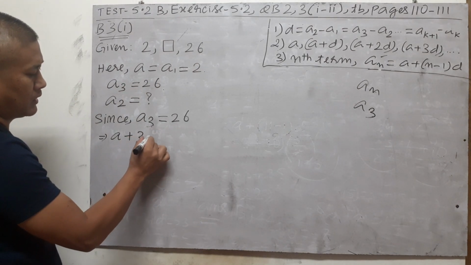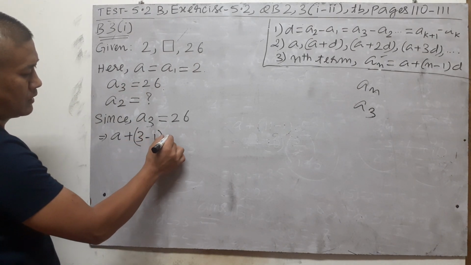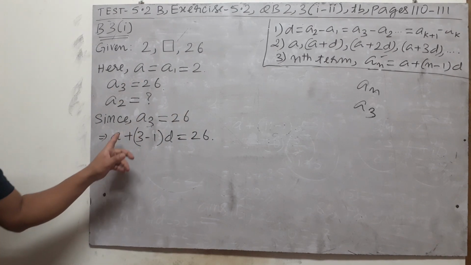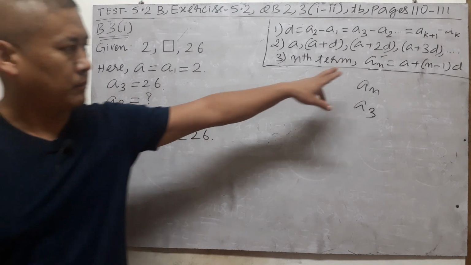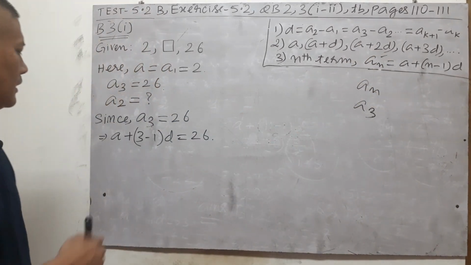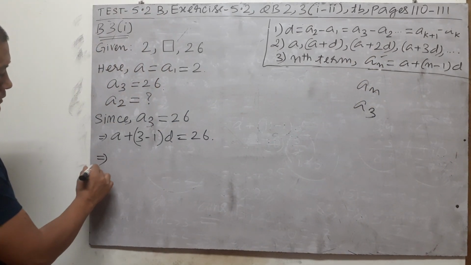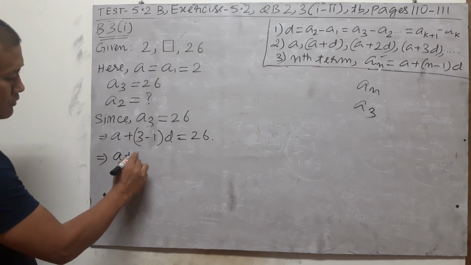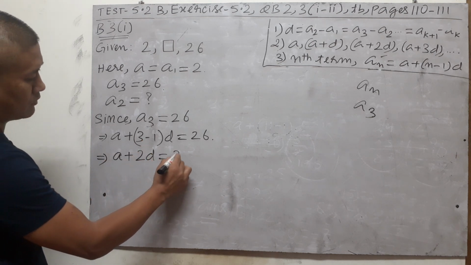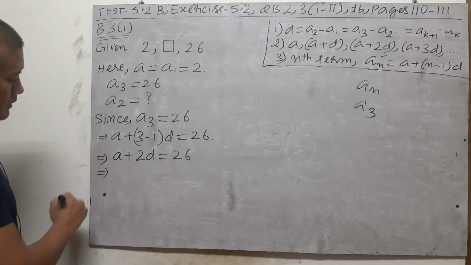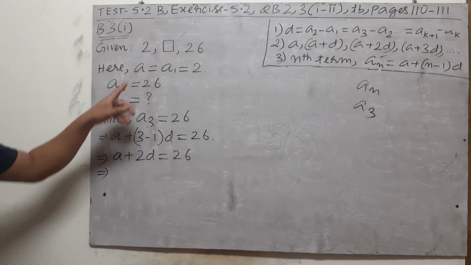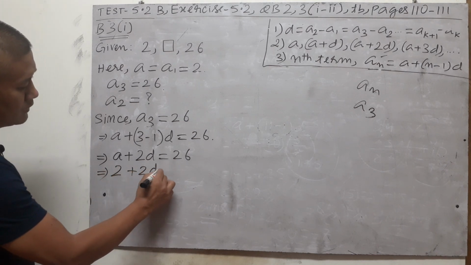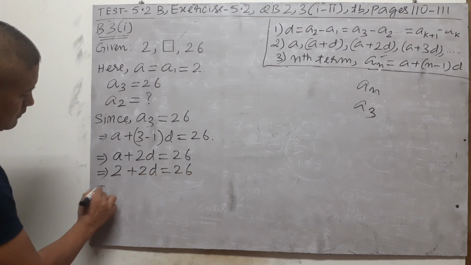So A3 equals A plus 3 minus 1 into D, which is 26. We're applying this third formula. Then that gives you A plus 3 minus 1 is 2, so 2D is equal to 26. Then you can replace this A here, the A value is given, so 2 plus 2D equals 26.